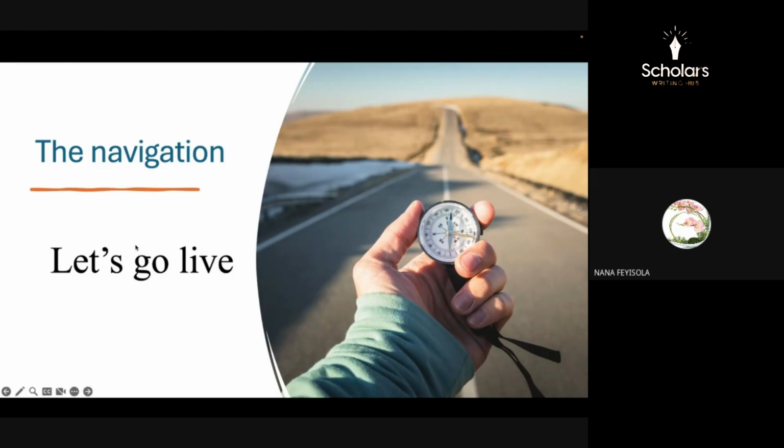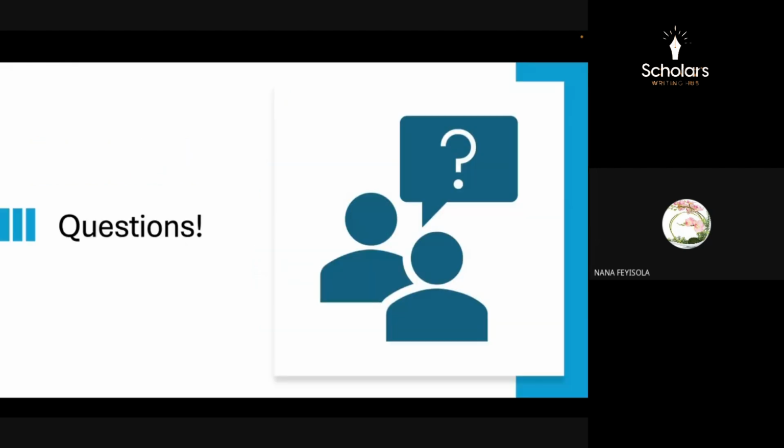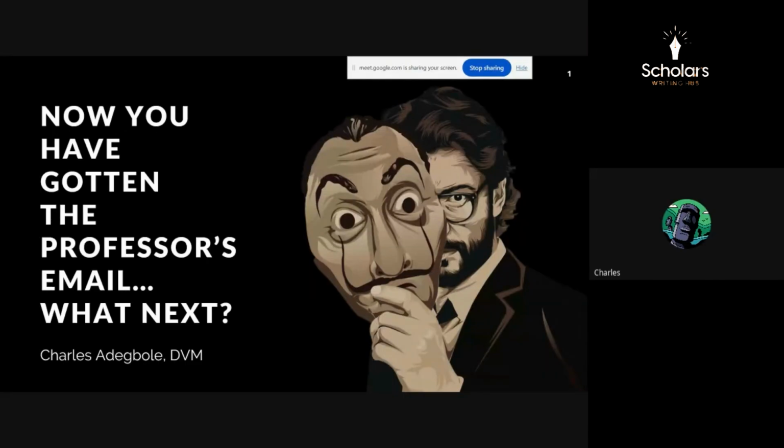I've basically shown us how to find professors, how to go to the directory, how to find the schools, how to find anything that you want. I think that's all I have for now. But if you have any questions, you can just let me know. I might have missed some stuff or didn't put more details into some of these aspects. If you have any questions, just say yeah.